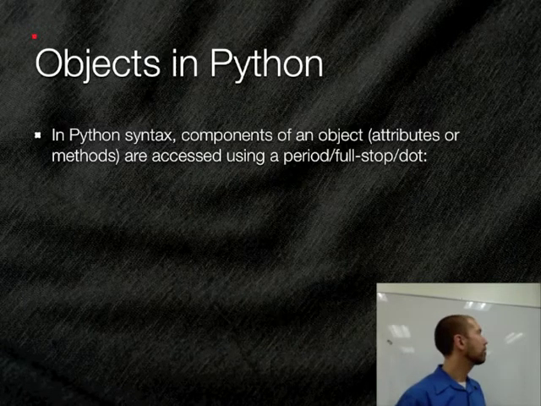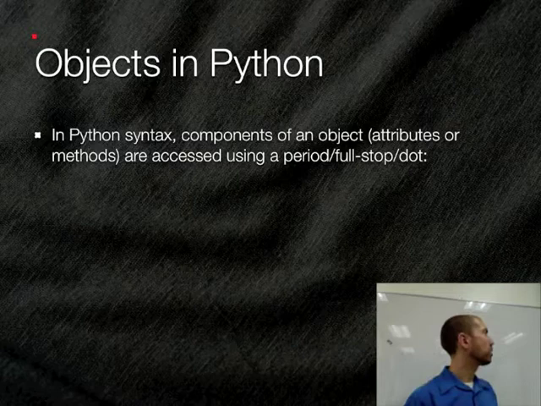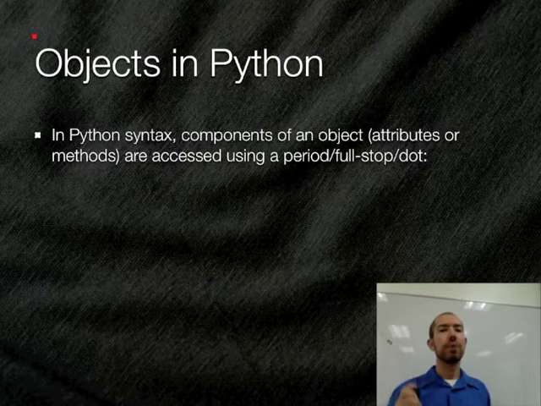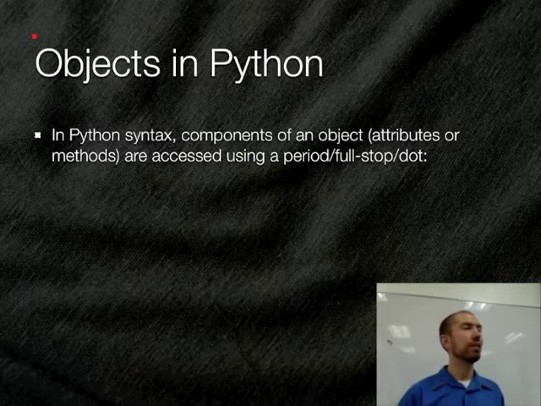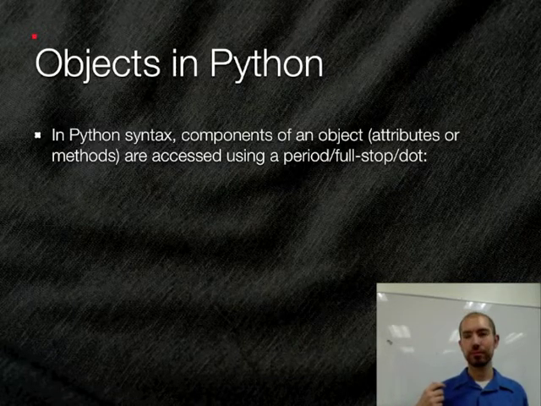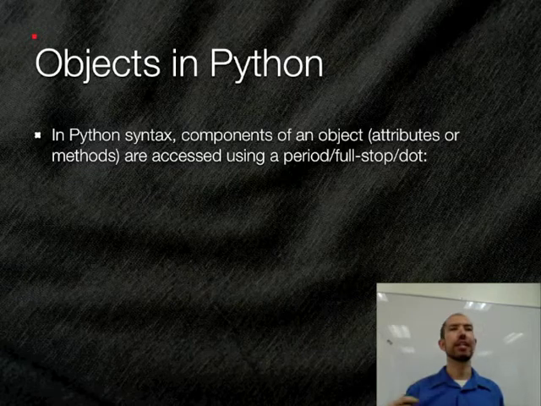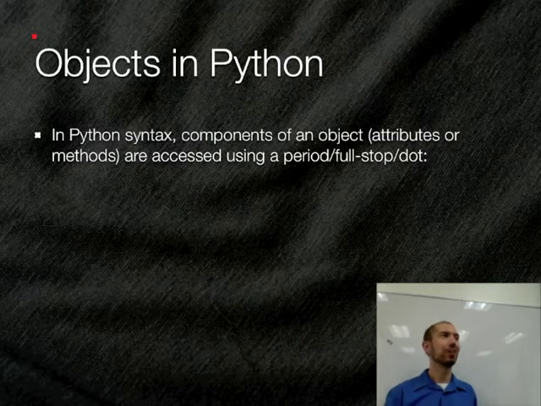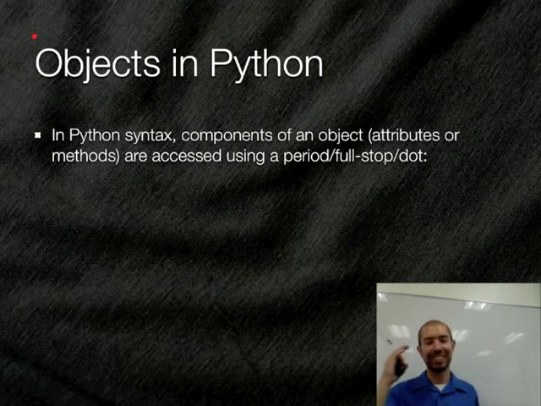Okay, now how do we actually refer to objects? We're going to get some practice with this really soon, but just to let you know, to reference the component of an object, you can't just call an object, you can't just say coffee cup, right? That doesn't do anything. That just gets the coffee cup's attention, but it doesn't tell it to do anything.